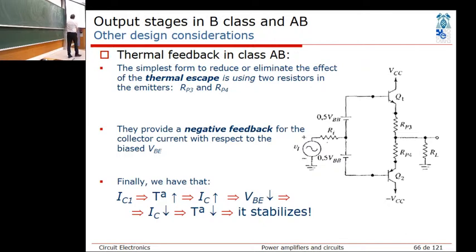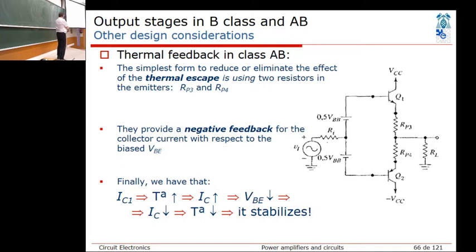Okay, but of course then we are also losing some power on those resistors. Yeah, but it's a small price. It's a quite small price to pay for not destroying your amplifier stage. Okay, and that's basically a negative feedback effect.